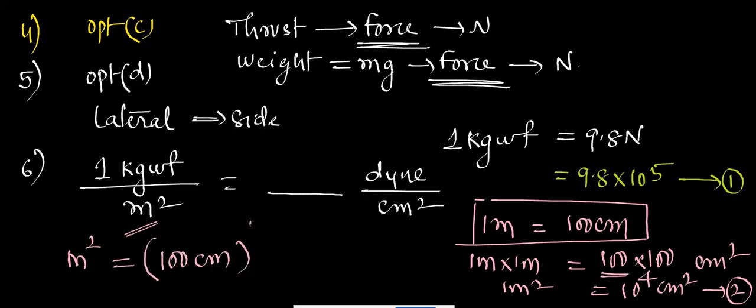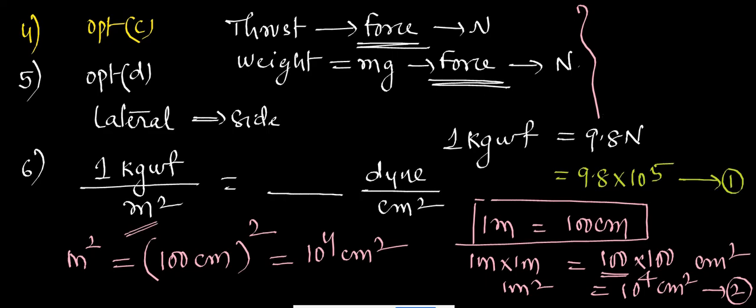Meter square is there, so square it. 100 into 100. 100 means 10 power 2, one more 100 means 10 power 2, total 10 power 4. Got this point? Any doubt? No, ma'am.